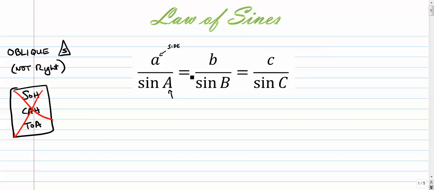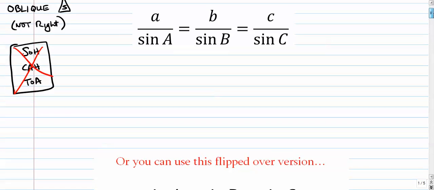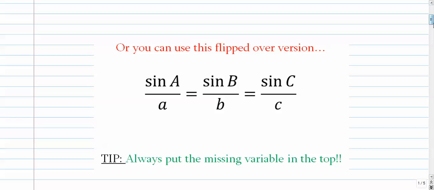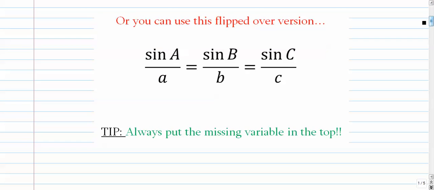All right. So, having said that, the reciprocal property also comes into play, and we can also use the flipped over version. The flipped over version meaning take all those fractions and just flip them over. It depends on what you're trying to find in a particular problem.